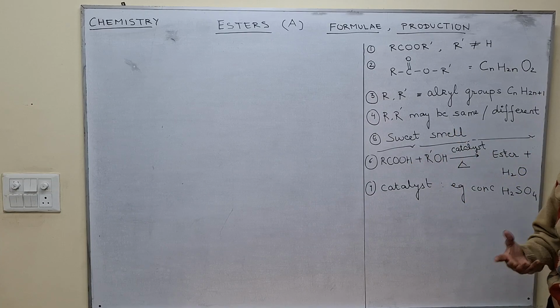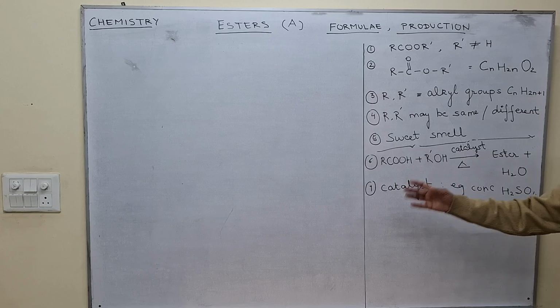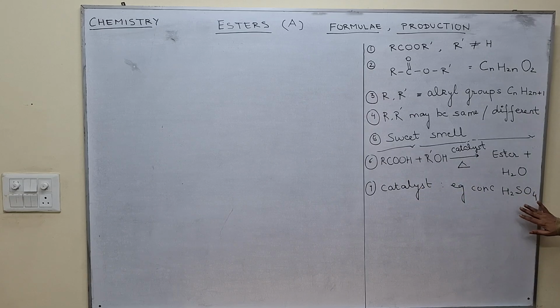So if a reaction is slow, it increases the speed. So here a typical catalyst which is used, sorry for this, is concentrated sulfuric acid. That's a typical catalyst which is used in this procedure called esterification.